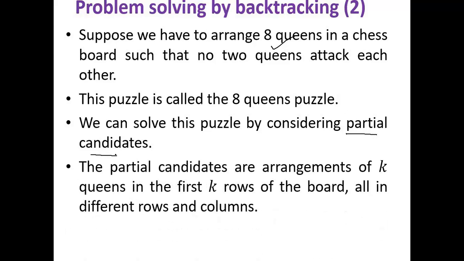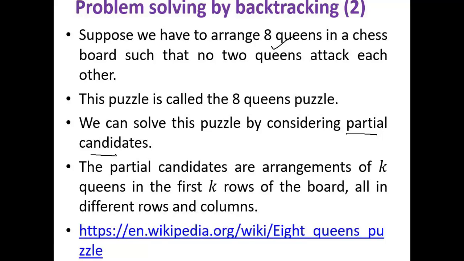So what we will do, we will arrange k queens in the first k rows of the board in different rows and columns. If no 2 queens are attacking each other, then it's okay. Otherwise, we will go back and change the position of the initial queens.